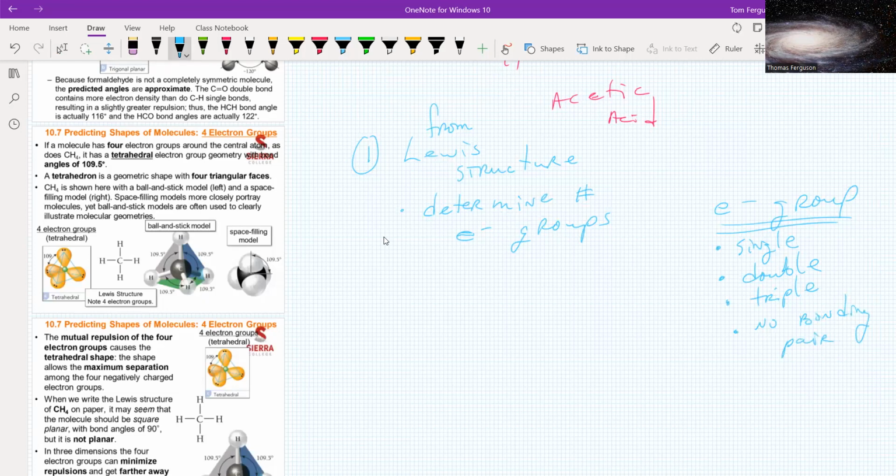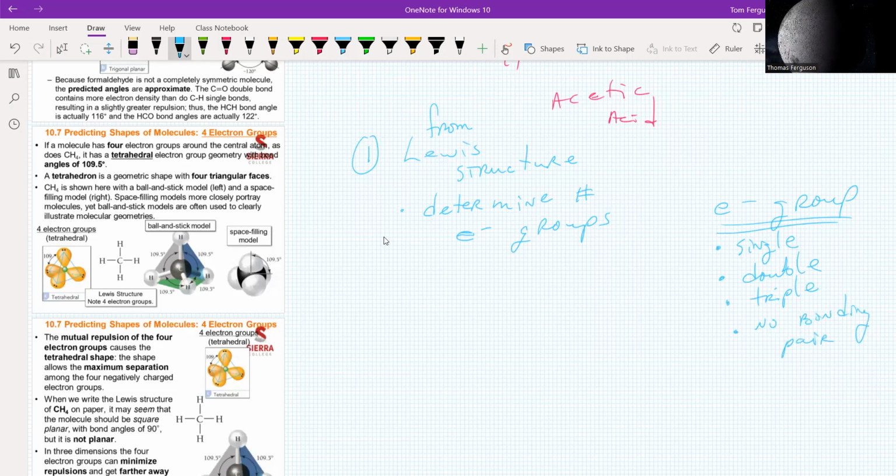There are four forms of electron groups. That's a single bond, a double bond, a triple bond, and a non-bonding electron pair. So you've got four types of electron groups.